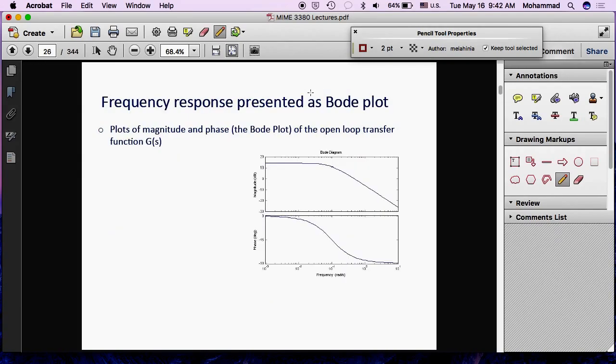Okay, so we discussed linear time invariant. This is the frequency response. So how many of you have not taken mechanical vibration? So everybody had mechanical vibration. Is this familiar to you? What is the name of this plot?